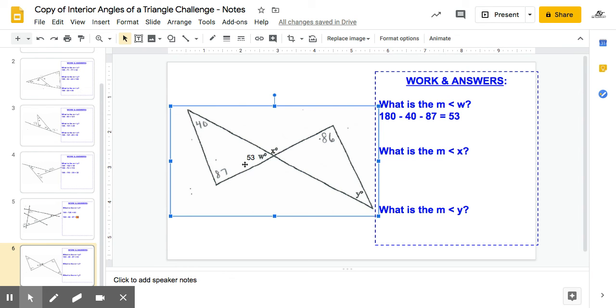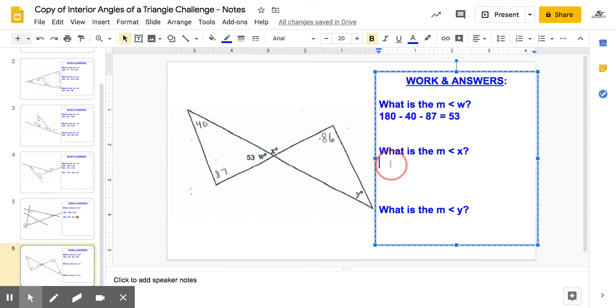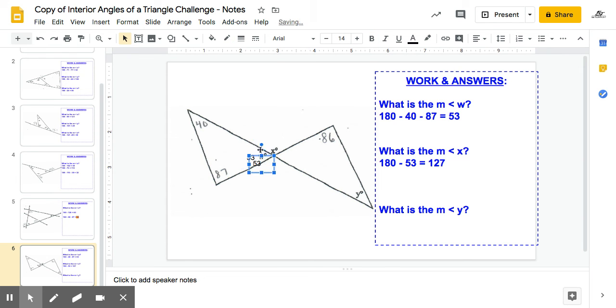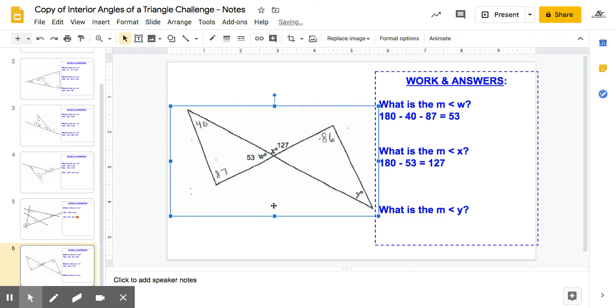I know supplementary angles have to add up to be 180 degrees, and I just found the measure of angle W, so I can find the measure of angle X by subtracting 180 minus 53. When I do that, I get 127. So that tells me that angle X has to equal 127 degrees because of my supplementary angle rule.